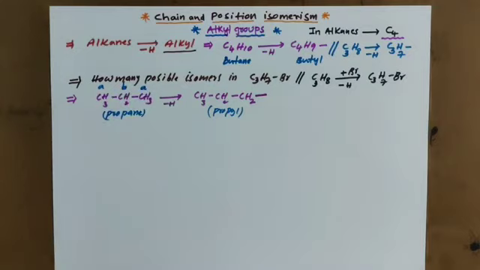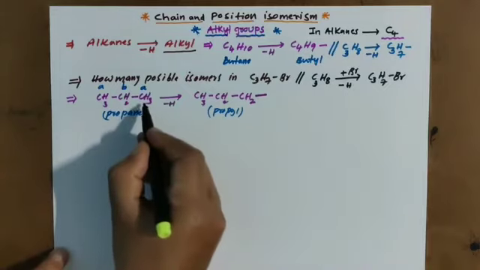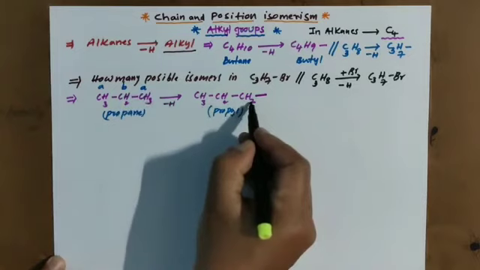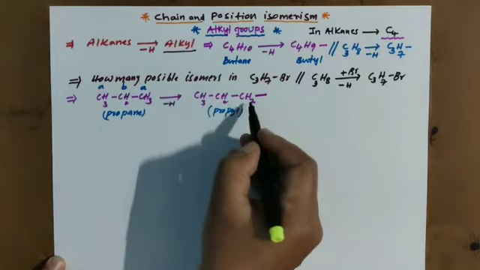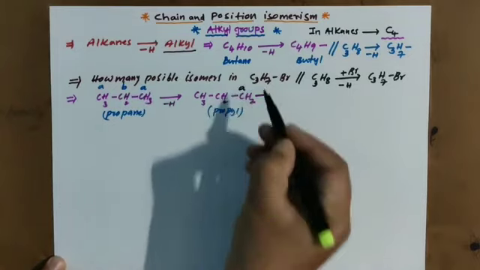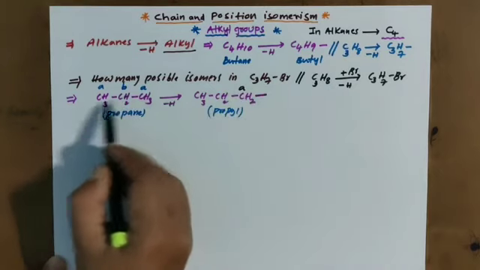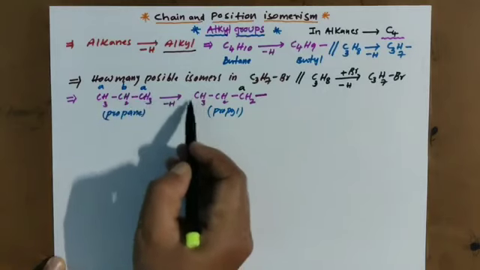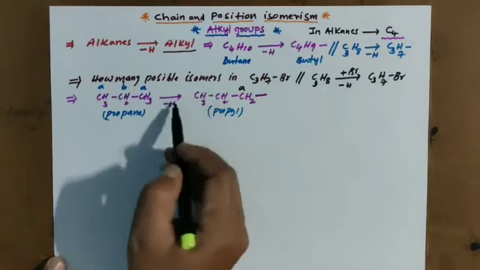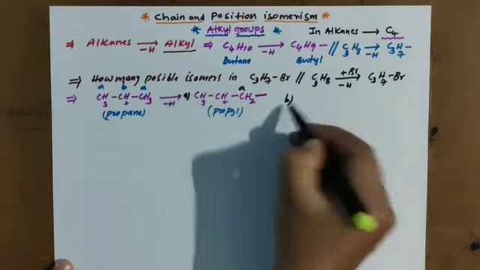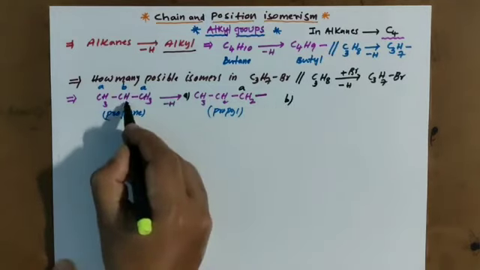From A carbon, I removed hydrogen. This other one is also A, so the same type of carbon. Here also you are removing one hydrogen, you get the same one. Now from B carbon I am removing hydrogen.